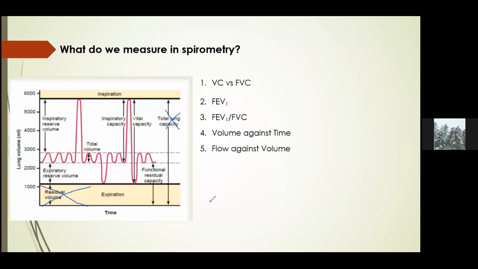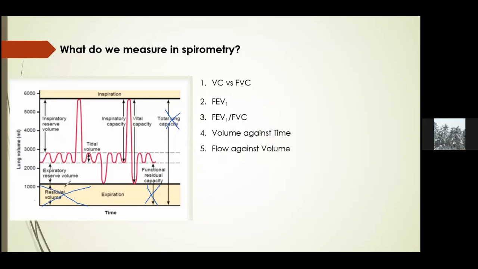Neither can you measure the functional residual capacity, because even that one takes into account the residual volume. So when you are doing spirometry, you cannot measure residual volume, functional residual capacity, or total lung capacity, for the simple reason that you are not able to get this value.